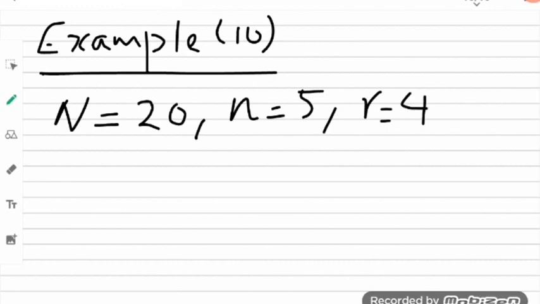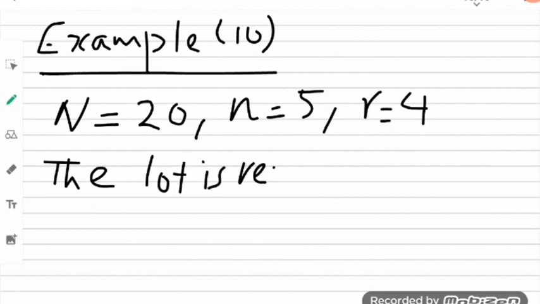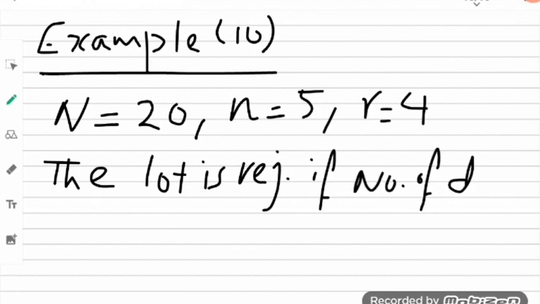And we are interested in finding the probability of rejecting the lot. We know that the lot is rejected if the number of defectives is greater than or equal to 1, right?